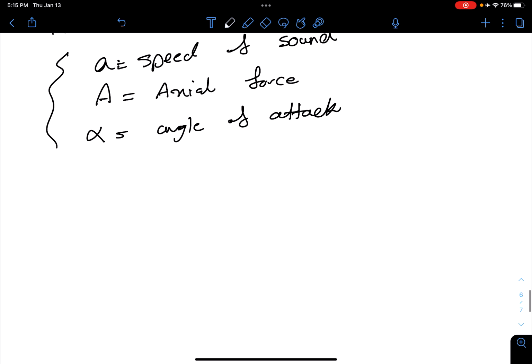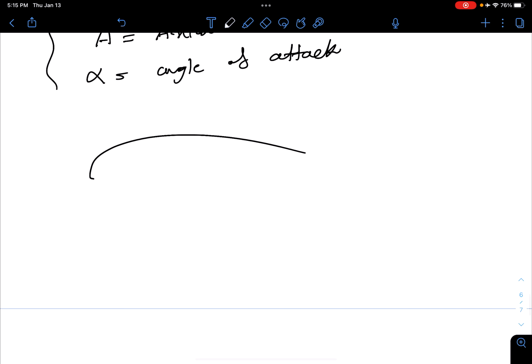So let's actually go back to this airfoil. Let's look at this point A. At this point A, we are going to have one component of this normal force per unit area. So we haven't combined all of the forces together, right?